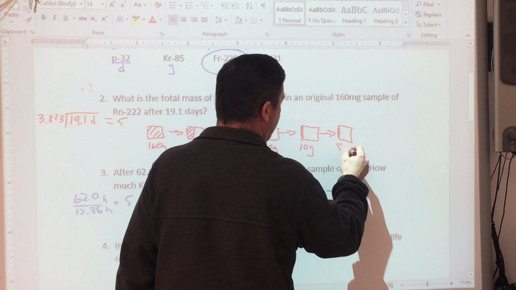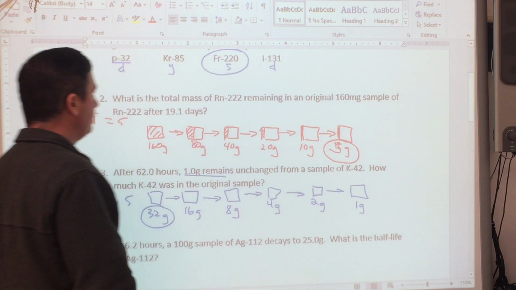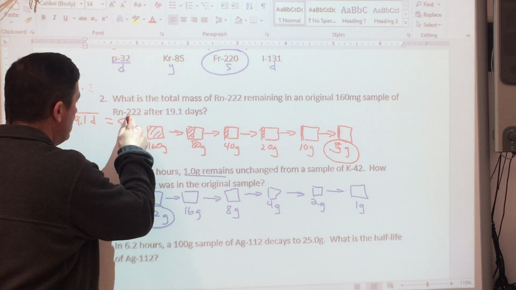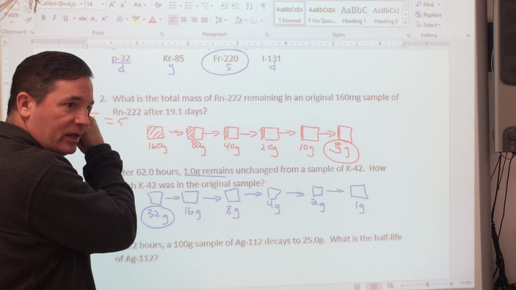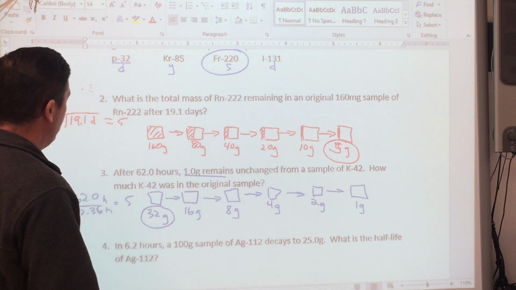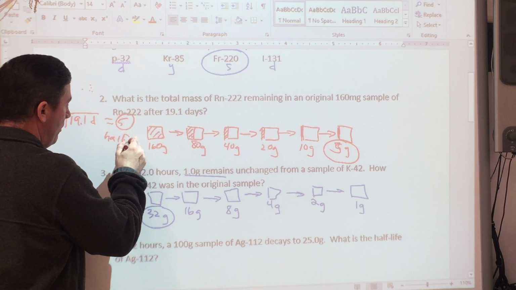And 10 goes to 5. Okay? In this case, you got lucky if you said 5 grams because it turned out to be the same thing. But this number is the number of half-lives.